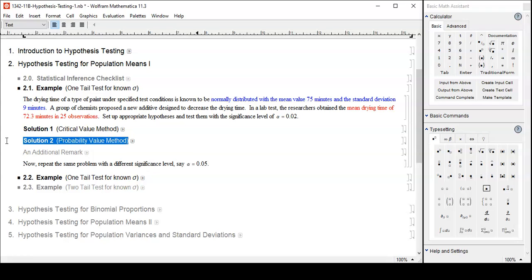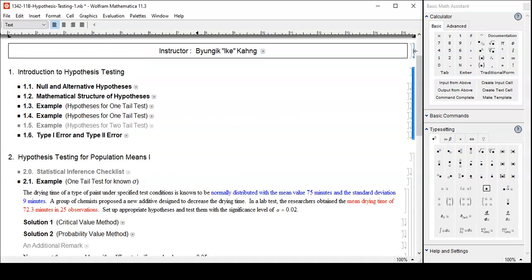Our textbook, by the way, emphasized this one more, and my personal favorite is again solution 2. I like the probability value method better. Why? This one has a sounder theoretical foundation associated to this type 1 error and type 2 error business.